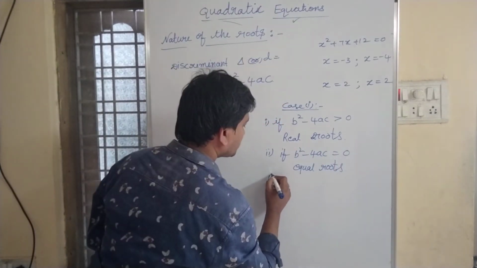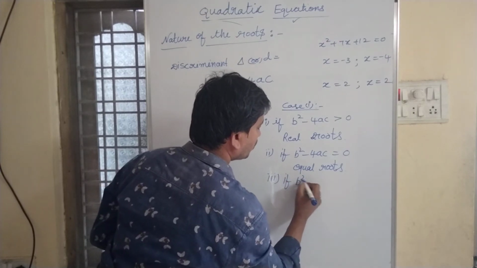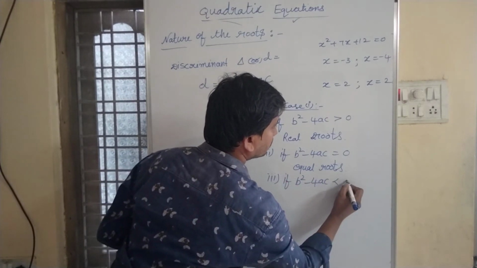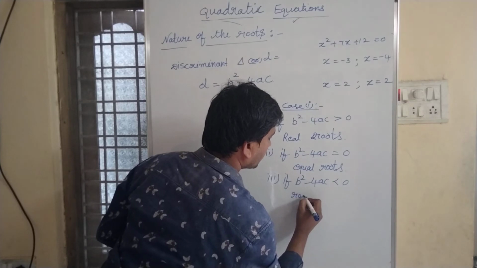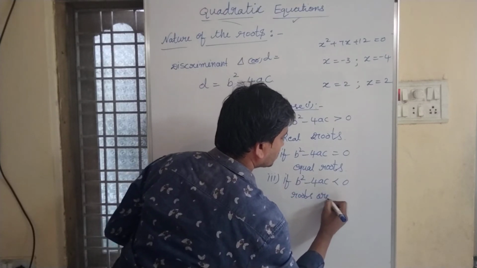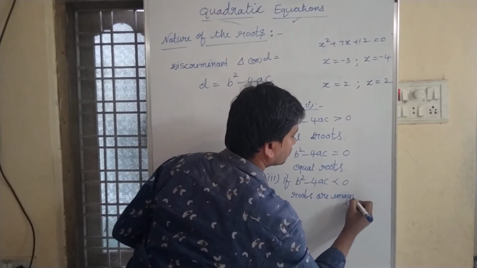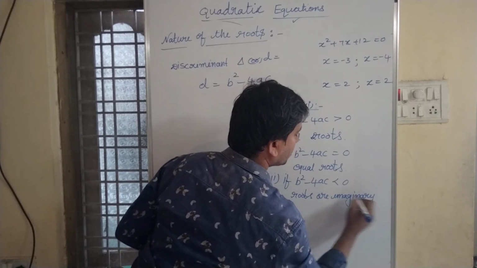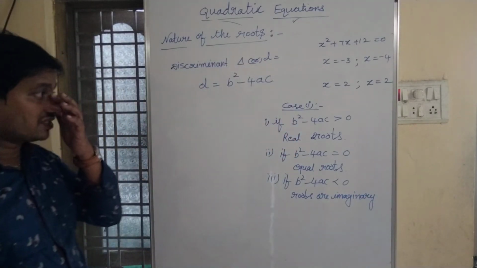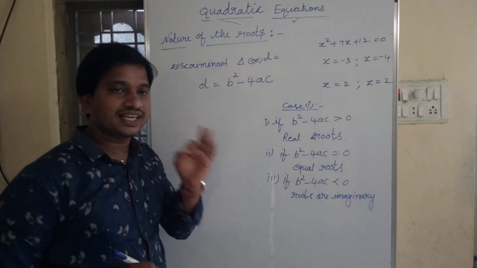And the third case is if b square minus 4ac is less than 0, then the roots are imaginary.